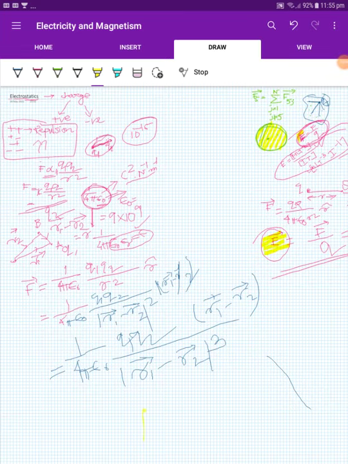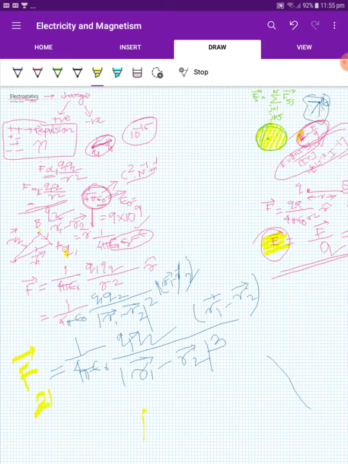From this we can get that this is the force acting on q1 due to q2, that is F21.